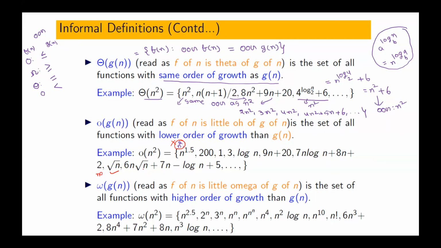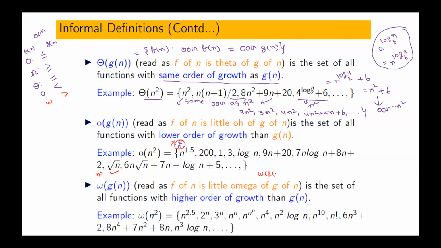Similarly, one more notation is strictly greater than, that is little omega. What is the definition here? Once you know little o, it is the other side. Which one should have more order of growth here, g of n or f of n? F of n.